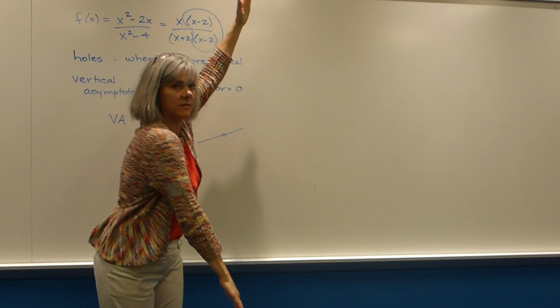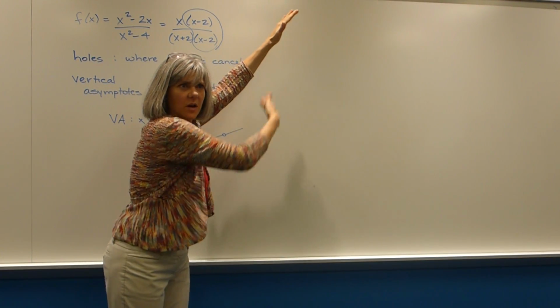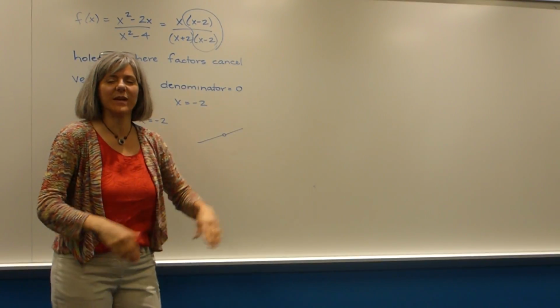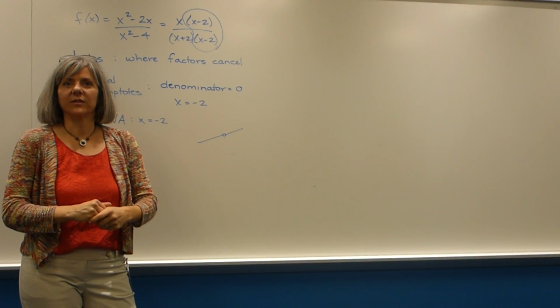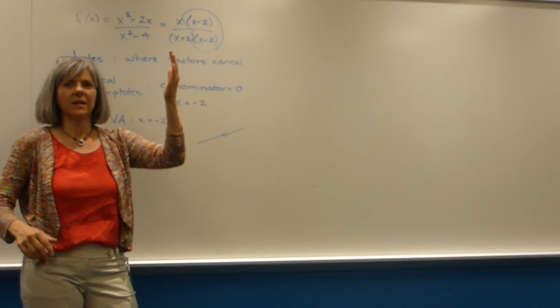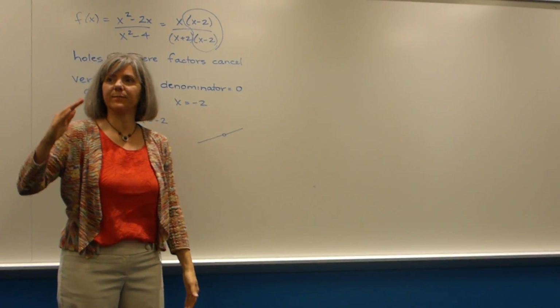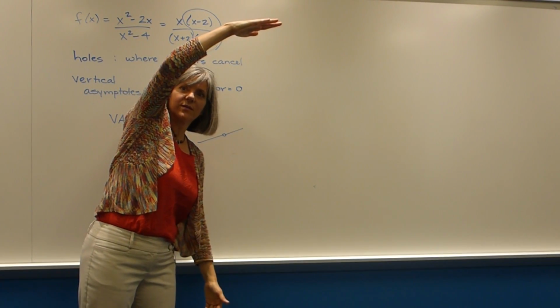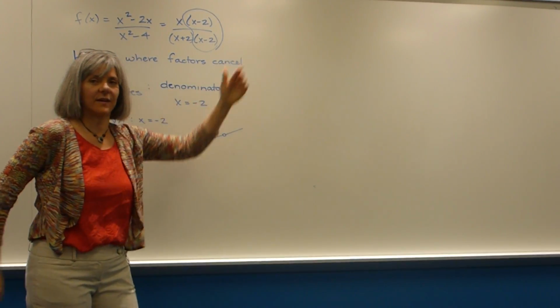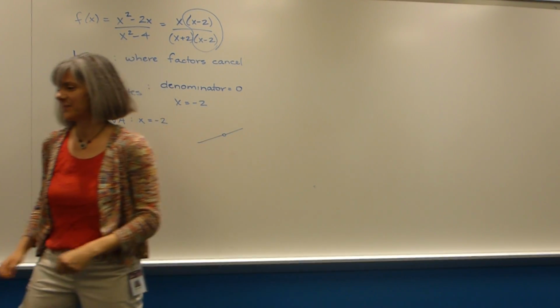Log. Do you remember the shape of the log? It's like yoga class. Wait, what else do we have? Rational. Square root, just a straight arm. Oh, the square root, right? Yep. Straight line? Yeah, you may sit down.